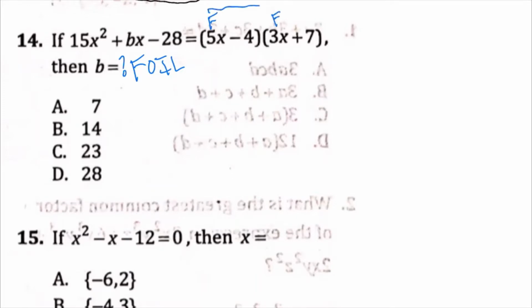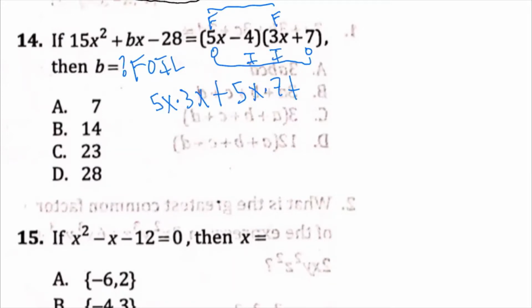So that makes it 5x times 3x plus the outside terms, which is 5x times 7 plus the inside terms. If you guys can see it, it's going to spell out FOIL, right?